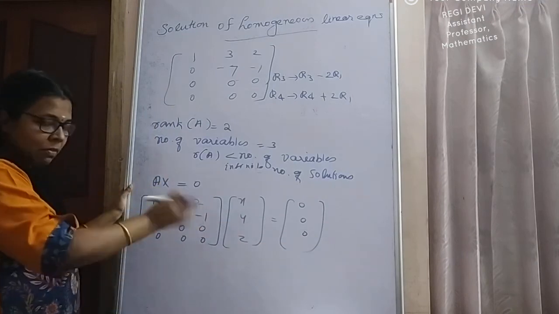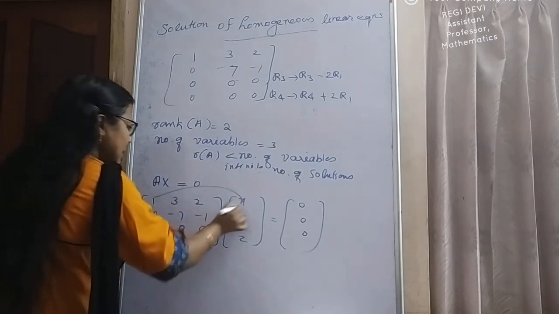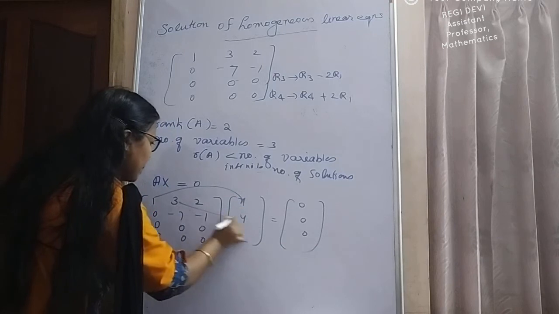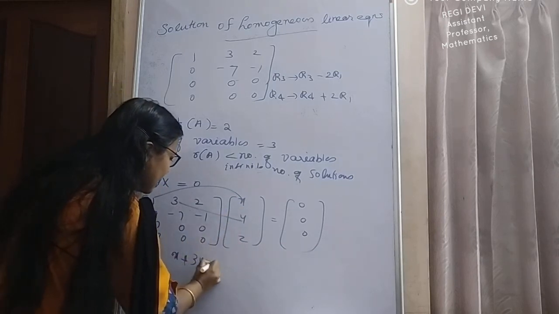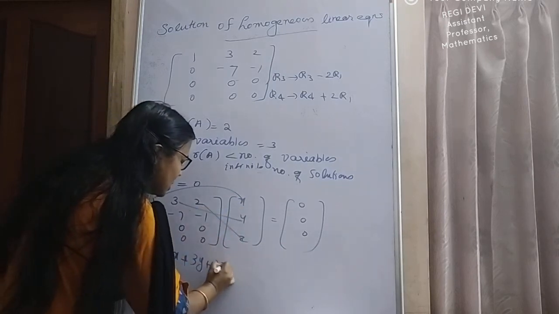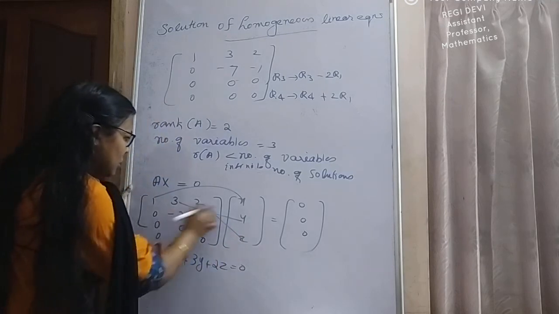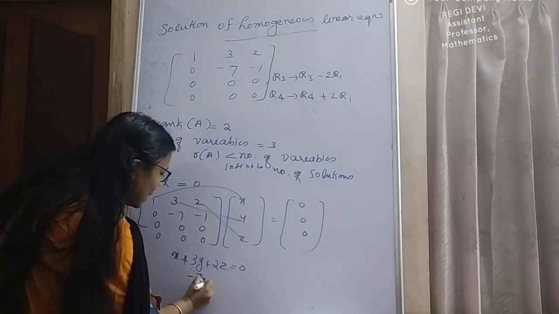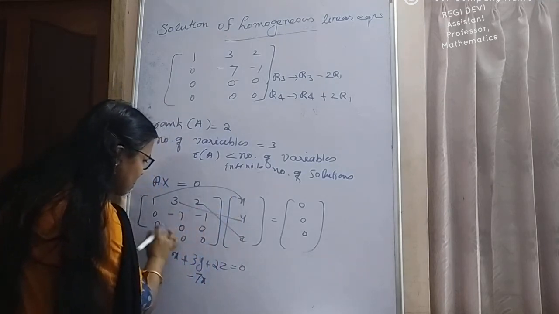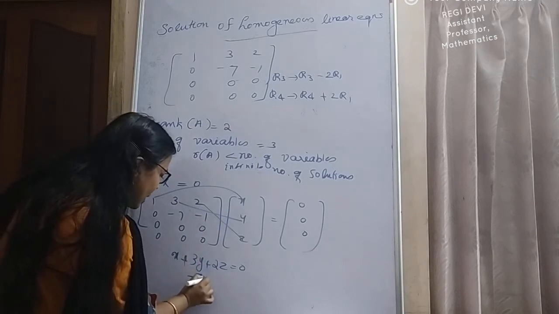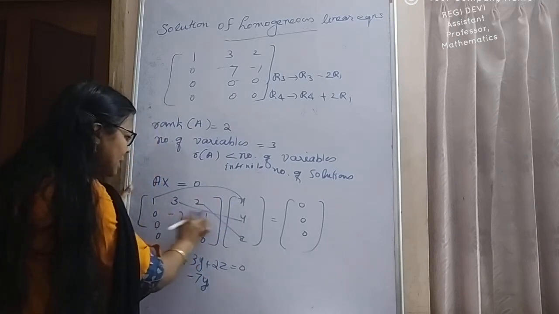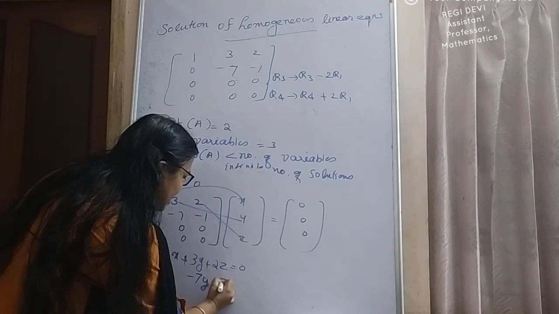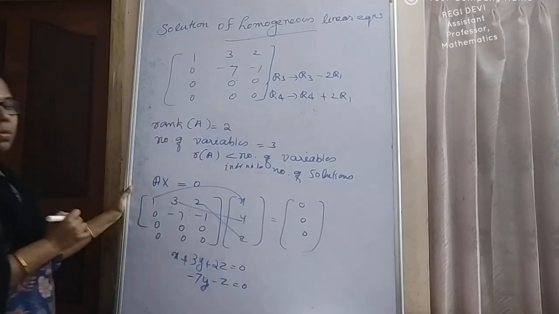By multiplication we get the equations x plus 3y plus 2z equal to 0. Also the second equation is 0x minus 7y minus z equal to 0.